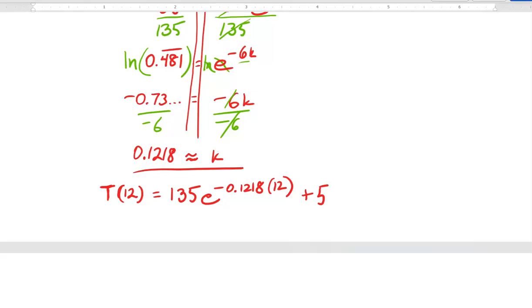Let's see what it says. 135 times e to the negative 0.1218 times 12, and then a plus 5. It's telling me it's about 36.3 degrees. Oh, what a tragedy. My coffee has cooled all the way down to close to freezing after 12 minutes in the freezer. Oh boy. Somebody's going to answer for that.